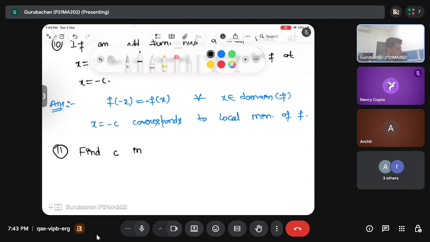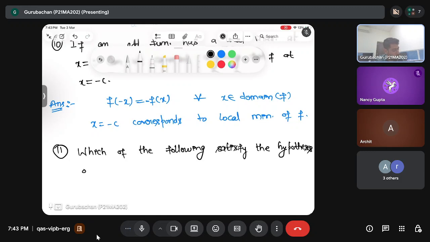Find C. So before doing this, first of all, which of the following satisfy the hypothesis of MVT, mean value theorem? A is, B is.